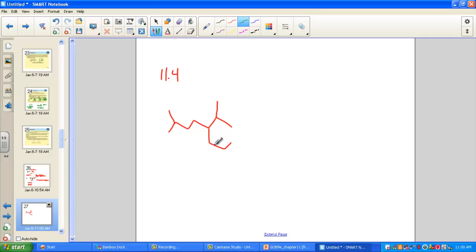Okay, so let's just kind of pick, thinking that this journey might be the longest chain here. 1, 2, 3, 4, 5, 6, 7, 8. I get 8 carbons in that direction. Let's keep trying. What if I started here? 1, 2, 3, 4, 5, 6, 4, 5, 6, 7.